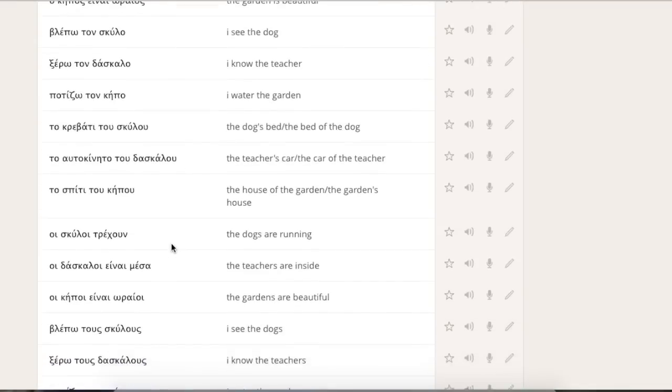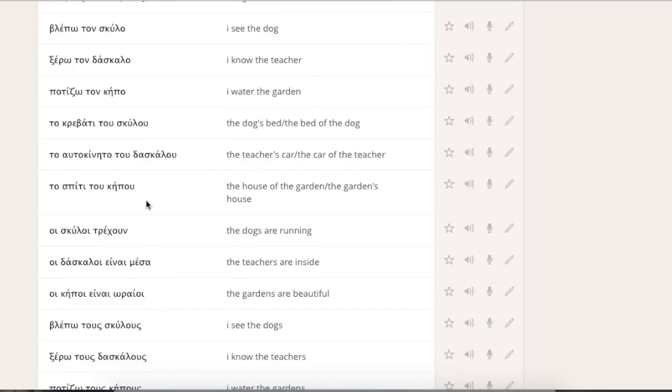Now let's see another example with the word garden. Let's say the house of the garden, the garden's house. Το, the, σπίτι, house. Του, of the, κήπου, garden, the house of the garden. Το σπίτι του κήπου. Okay?